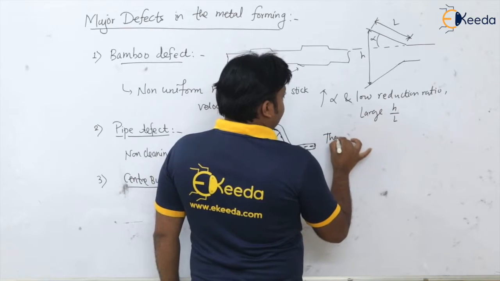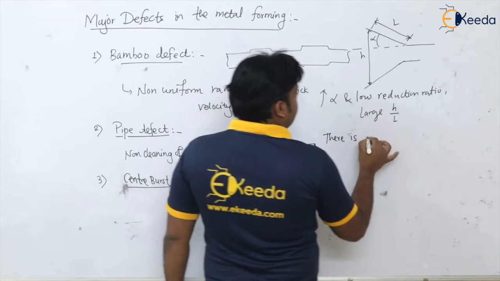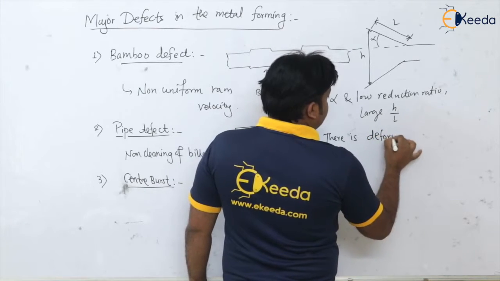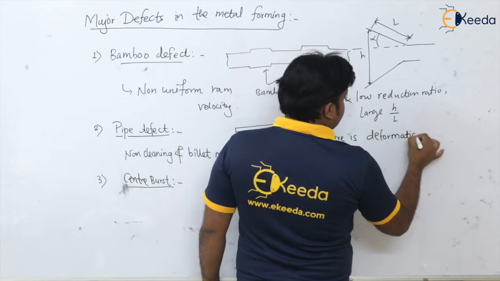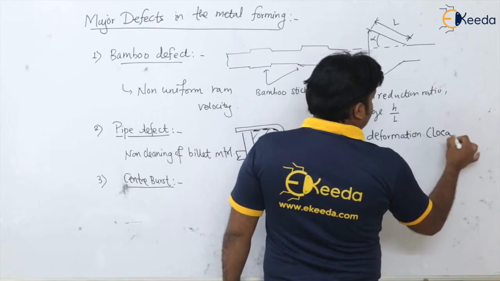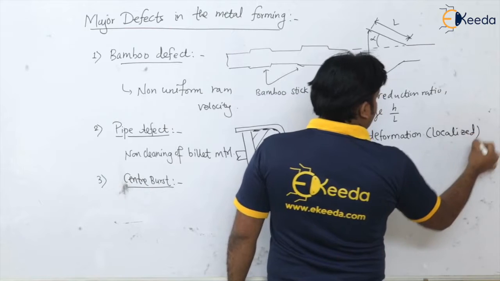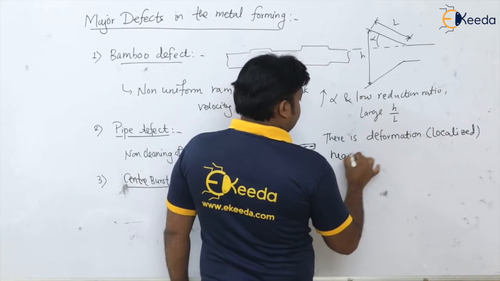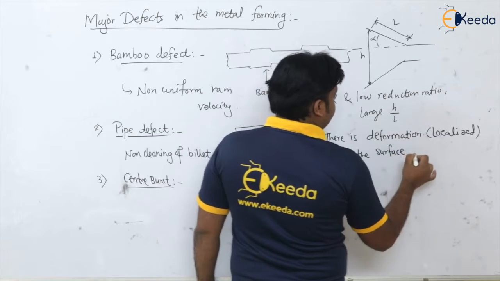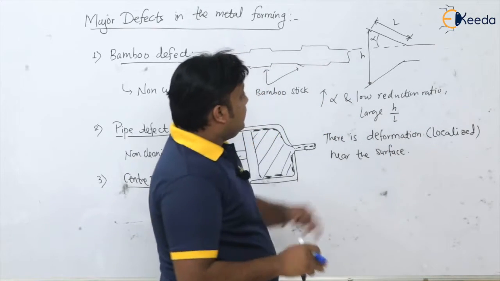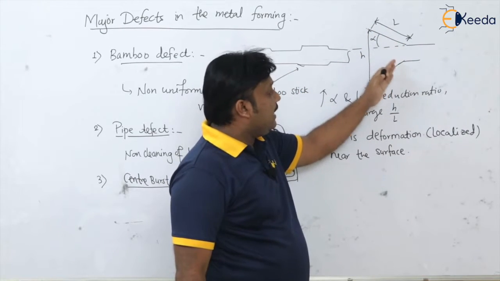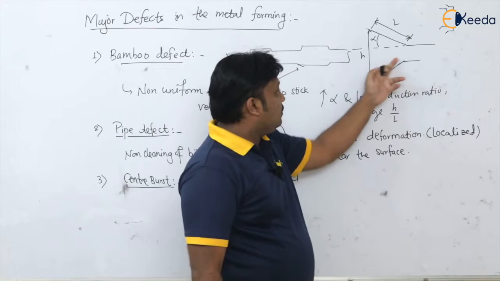There is large deformation, or this is the localized deformation near the surface. But we are having the localized deformation near the surface of this die, so what about the central portion?